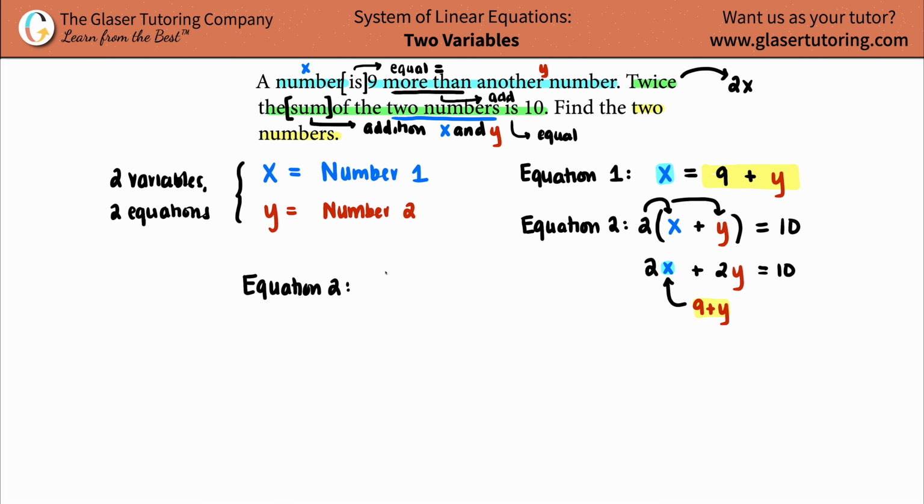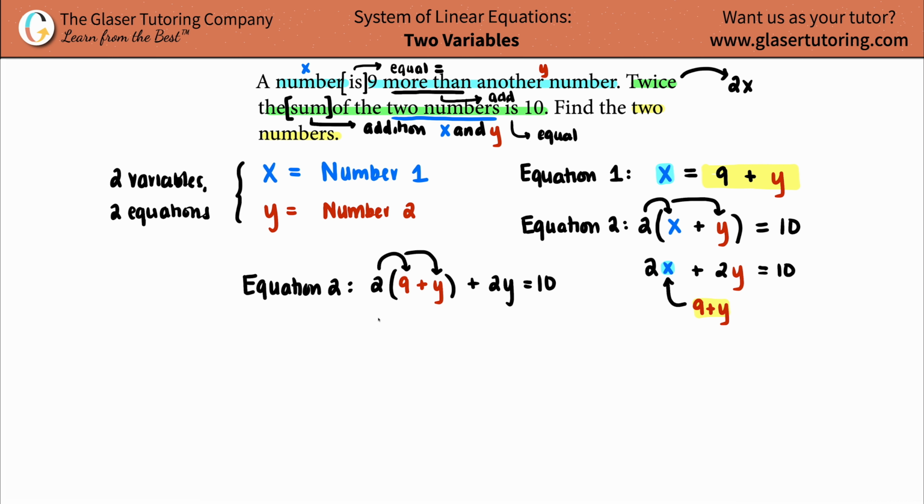So instead now we have not 2 times x, but 2 times 9 plus y. And this is going to be now plus 2y equals 10. I just pick up where I left off on equation number 2. Just like we did before, we got to distribute.